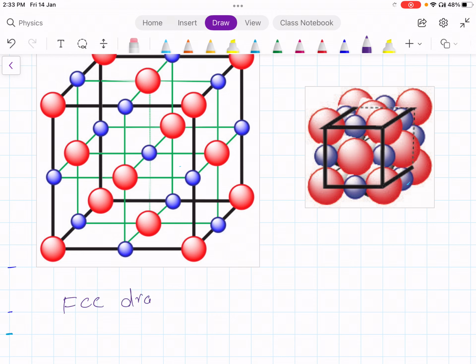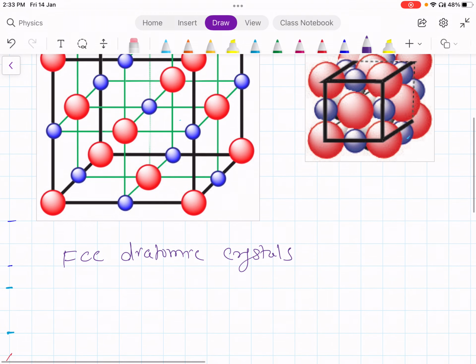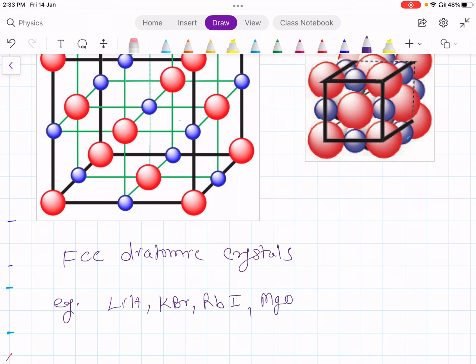Examples of FCC diatomic crystals are LiH, KBr, RbI, MgO, MnO, and NaCl. These are the examples of FCC diatomic crystals.